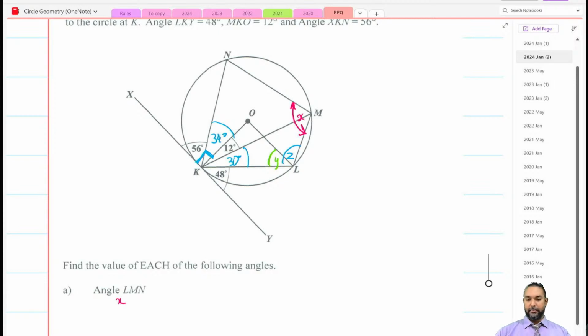Why is it 56? 10, 12 is 42, 42. That's 70, 76. That's 104. Which interestingly is the sum of these two angles here.